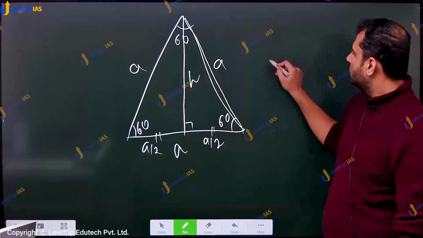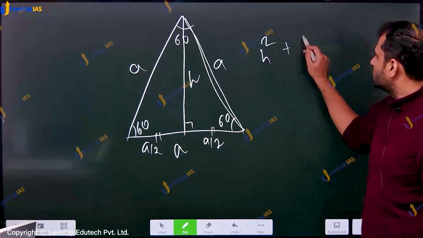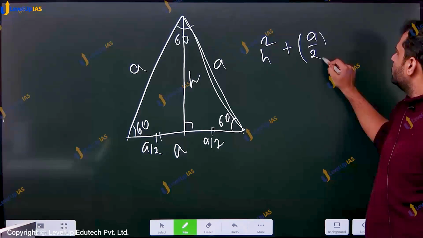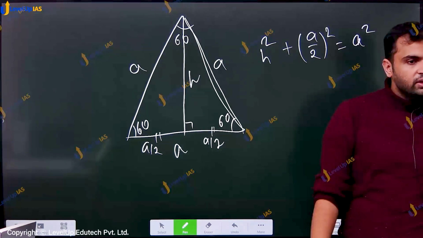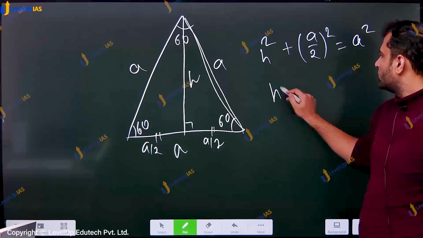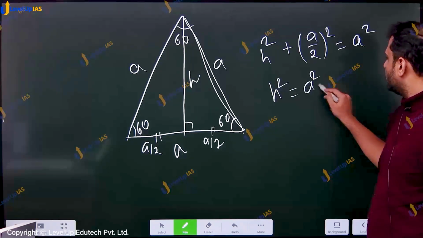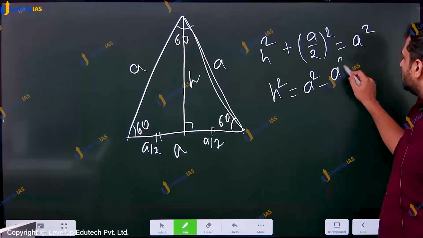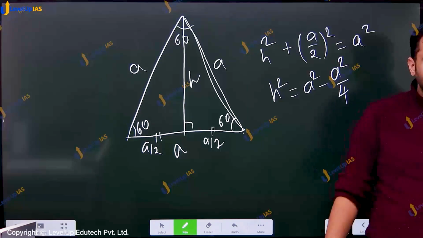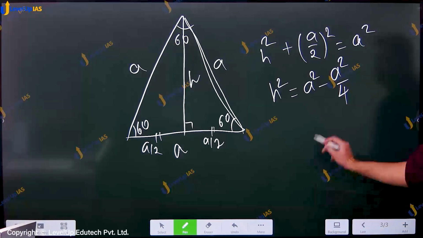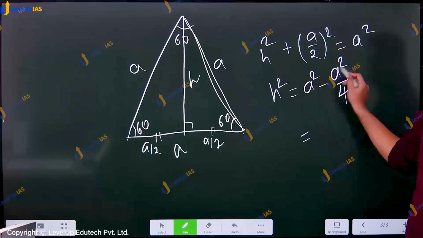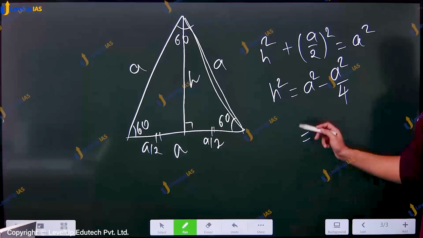We can have H square plus A by 2 square is equal to A square by Pythagoras theorem. So H square is equal to A square minus A square by 4, which is 4A square minus A square, so 3A square by 4.